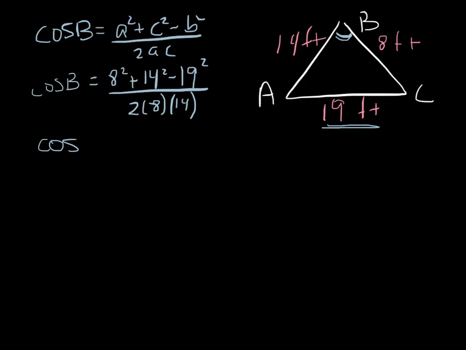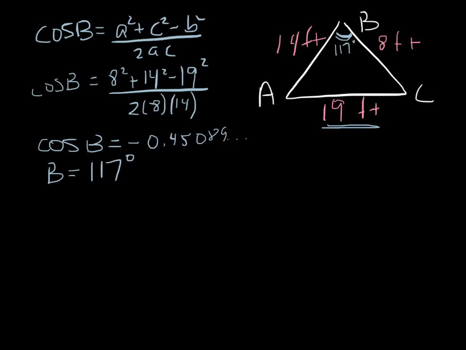So we know that cosine B is equal to about negative 0.45089. And then to solve for B, we use the inverse function. And B turns out to be about 117 degrees. So this guy up here is about 117 degrees.